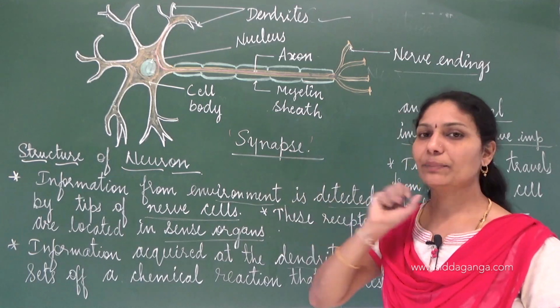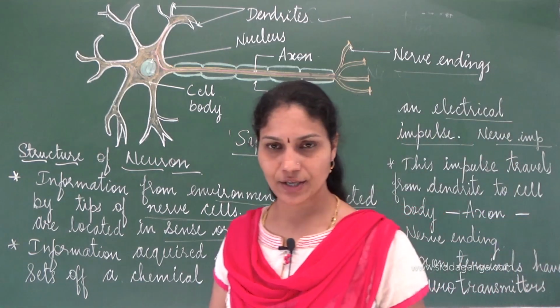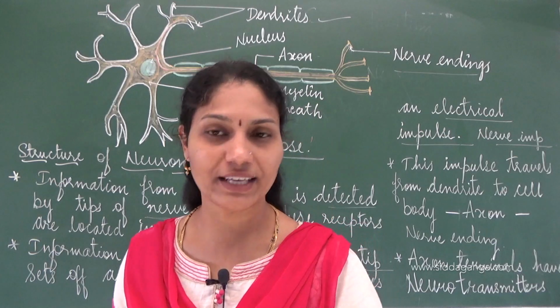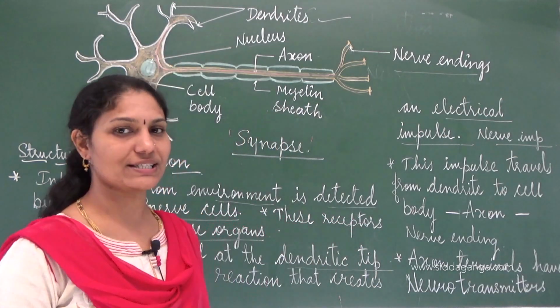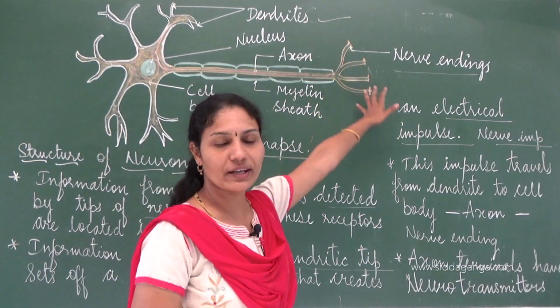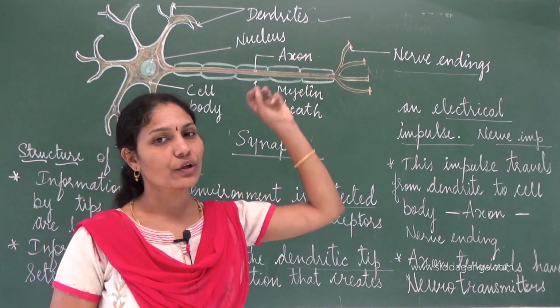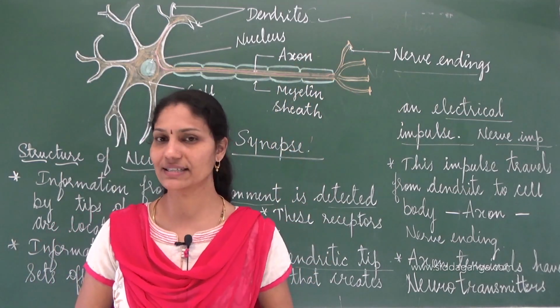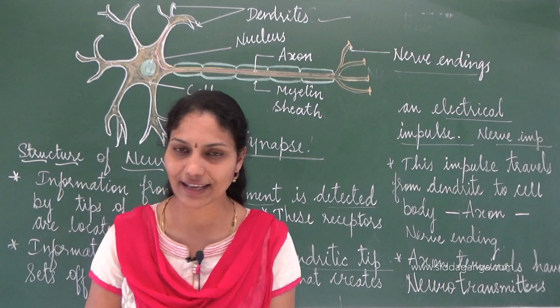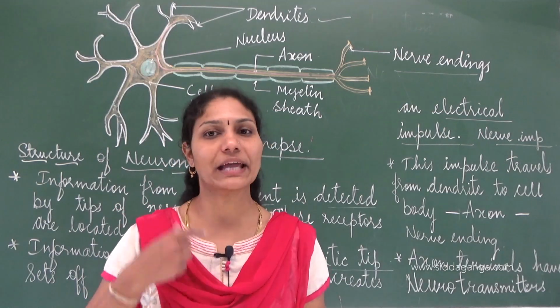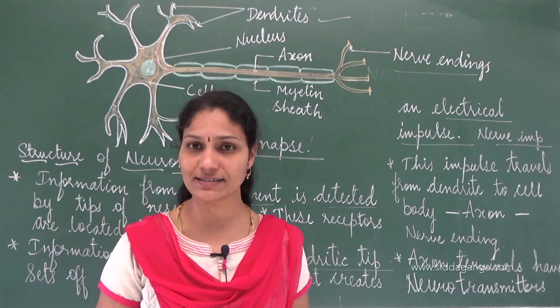Here, another peculiar mechanism happens, neurotransmission. There are neurotransmitters at the end of the nerve ending or at the end of the axon. They convert these electrical impulses into chemical impulses, chemical signals.